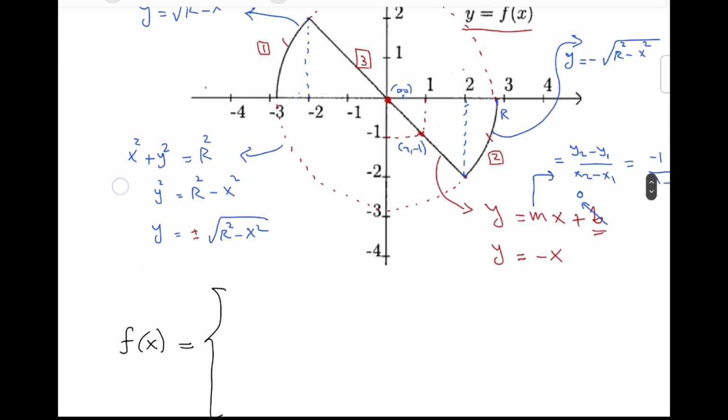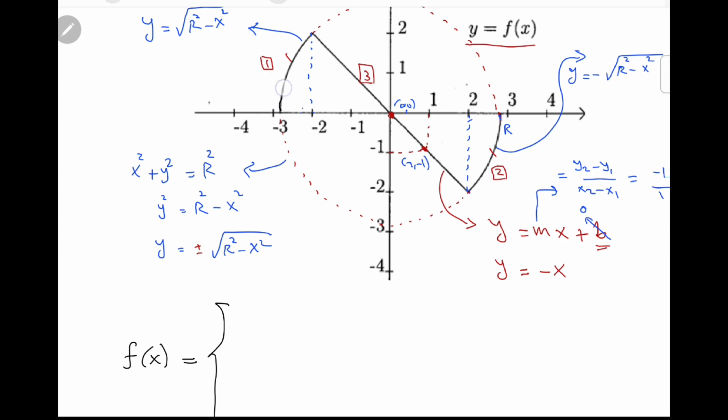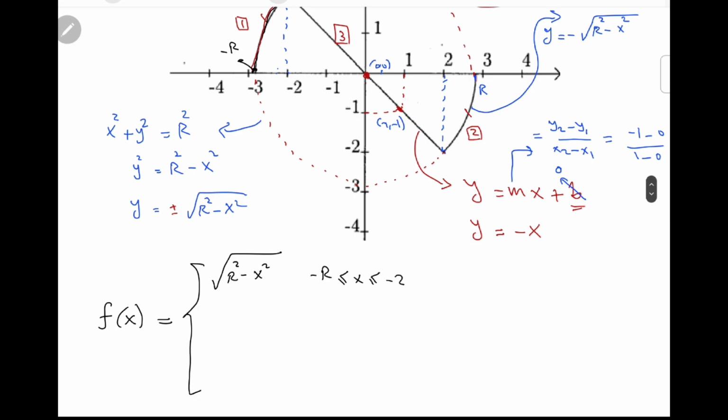You start from the left to the right, so first we consider this positive component: root of r squared minus x squared for x between this value, it's not important to know the exact value for now, but let's call it minus r, so minus r less than or equal to x less than or equal to minus 2.